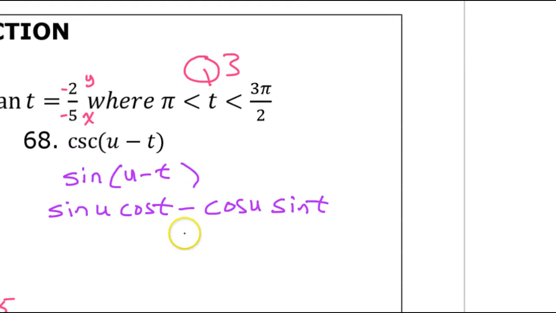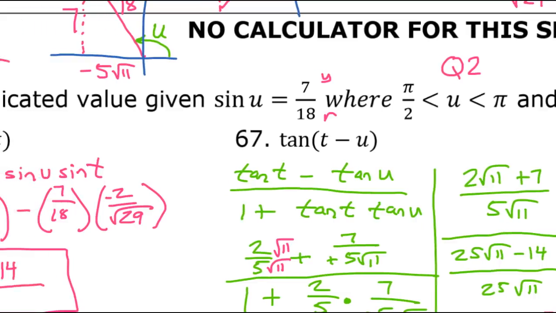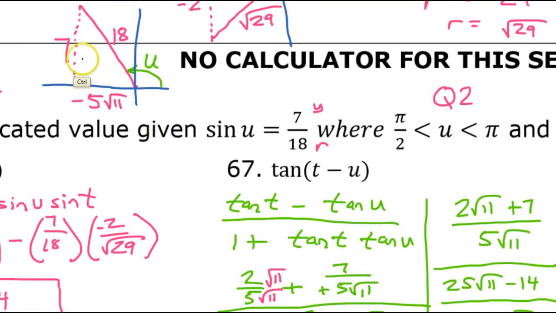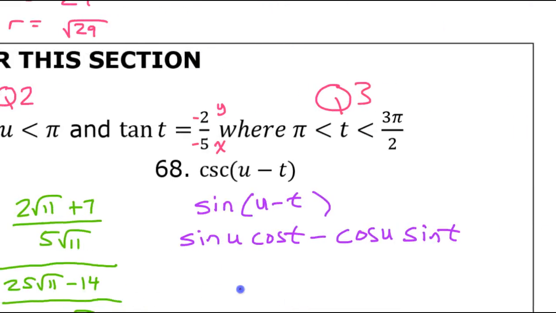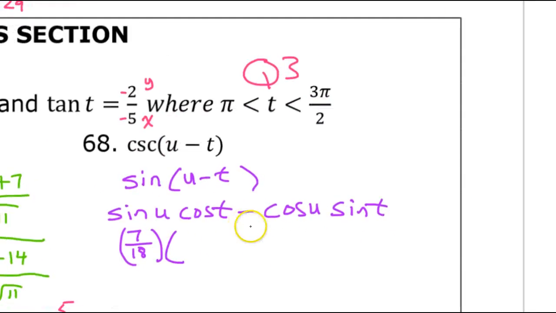Okay, so what is the sine of u? So the sine is going to be 7 over 18. Okay, now the cosine of t, that's negative 5 over radical 29.